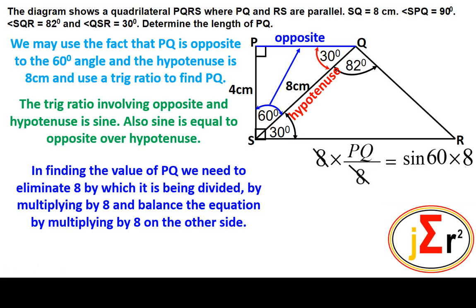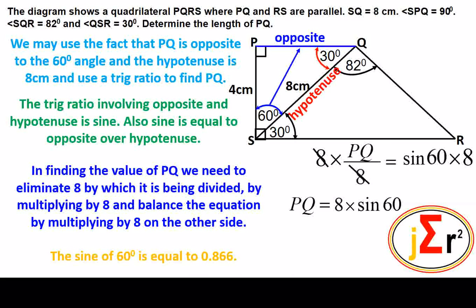Consequently, 8 will be eliminated from the left hand side, and on the right hand side we have sine 60 multiplied by 8, or we may say 8 multiplied by sine 60. Therefore, PQ is equal to 8 multiplied by sine 60. And being the old mathematics veteran, we know sine 60 is equal to 0.866.